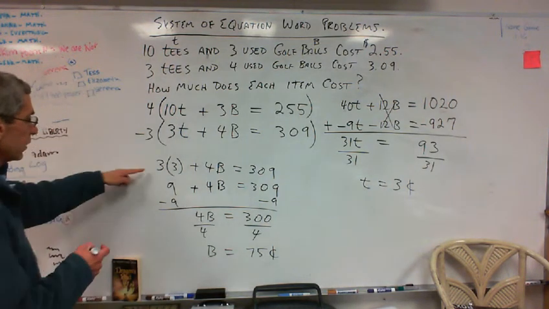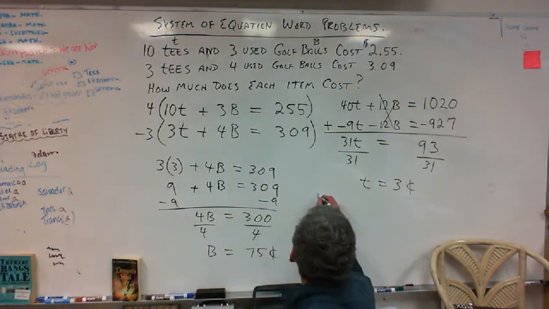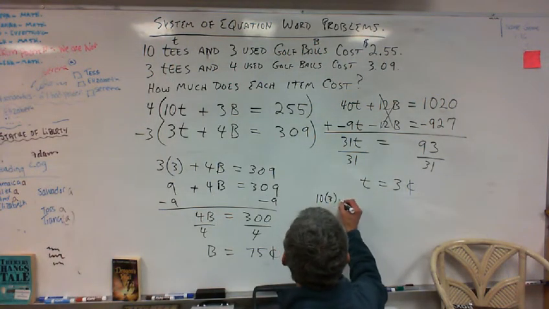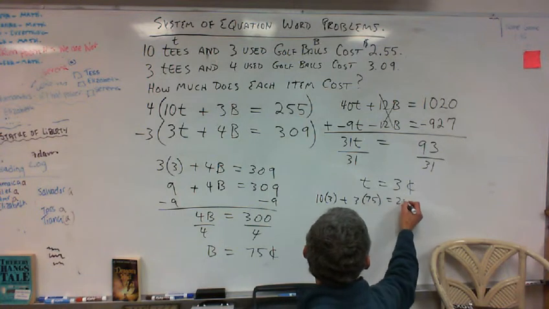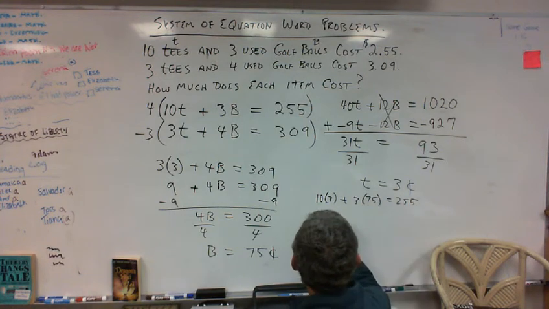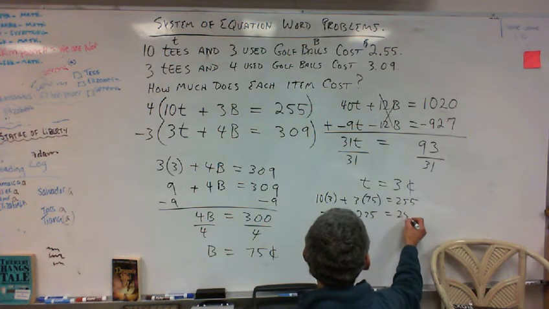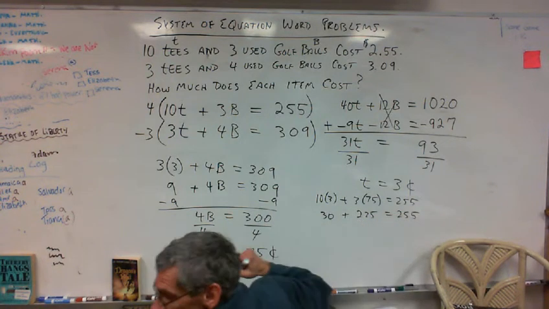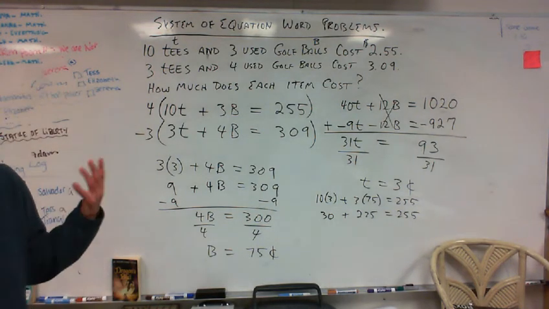So let's do it on this one. 10 times 3 plus 3 times 75 is equal to 255. So this is 30 plus 225 is equal to 255. That's correct. Yeah, I thought it was 300, not 30. Oh, got it. Okay. So that's how you do them.